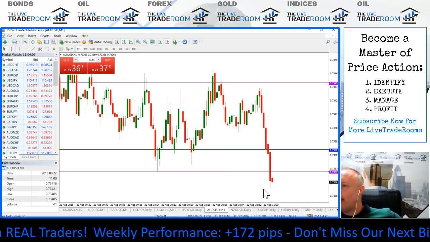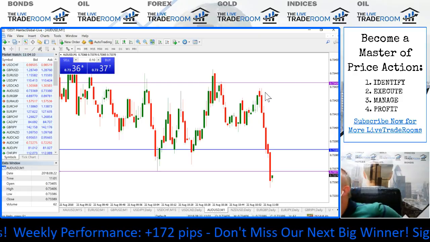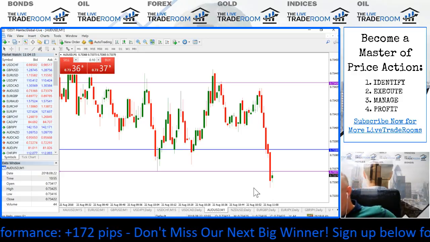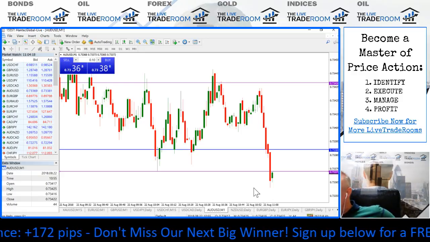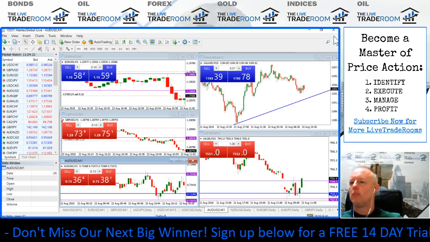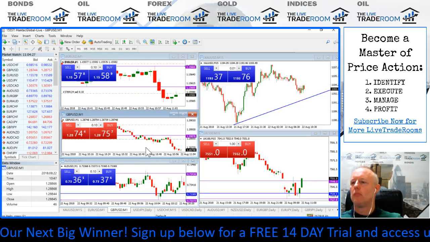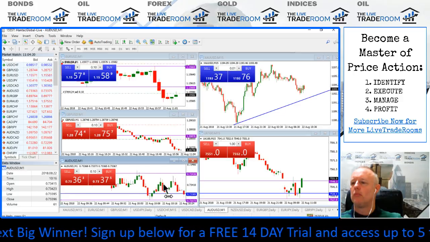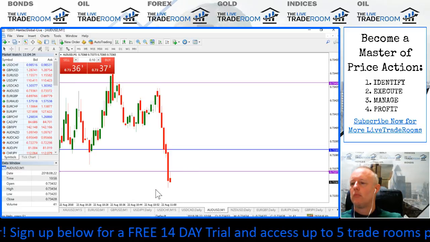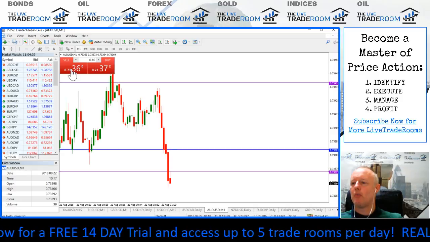So if we get continuation beneath the low, we do have, so if we break this low on a minute time frame, quite happy to sell this market as well.